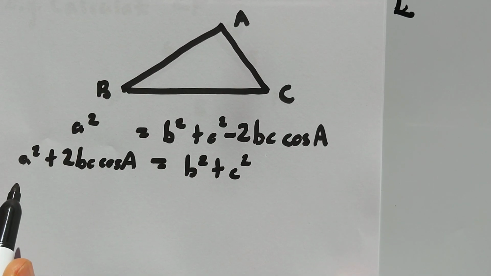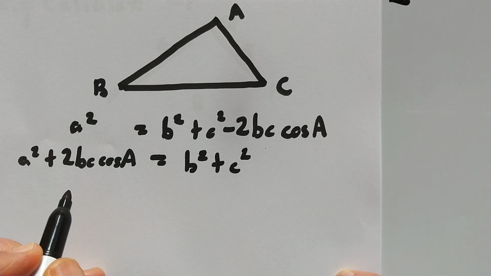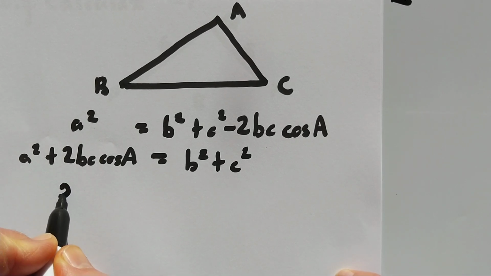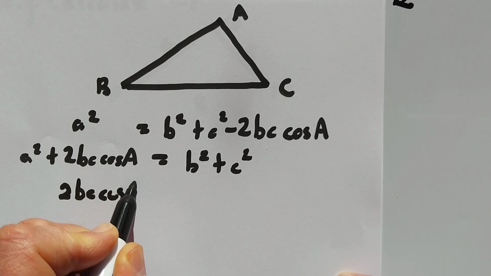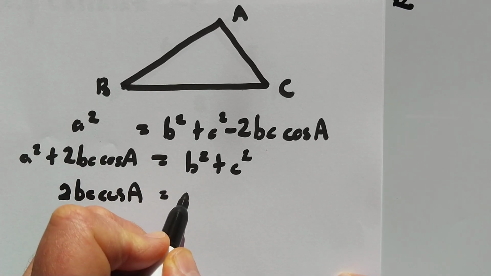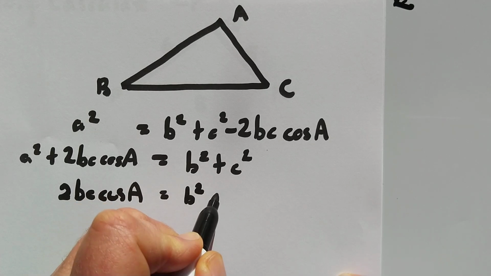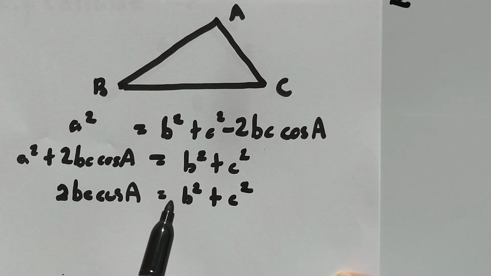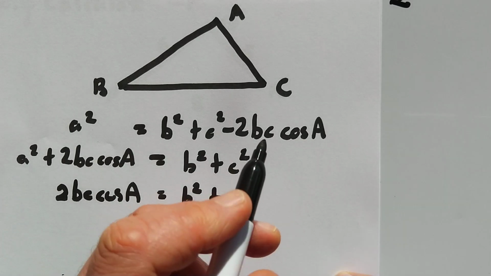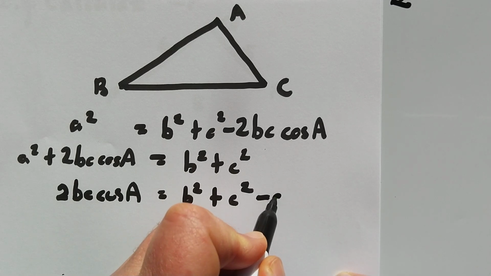Now I want rid of my a squared, so I'm going to subtract it from both sides, which will leave me with 2bc cos A. On my right hand side, each time we do this, one thing only changes and everything else stays the same. So my right hand side stays the same, and then my minus a squared is the thing that changes.